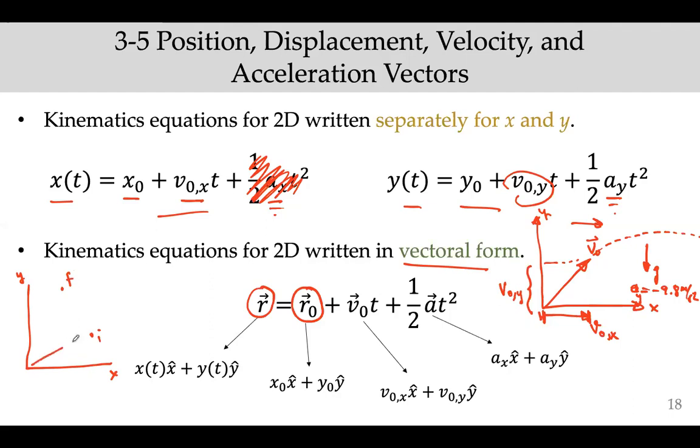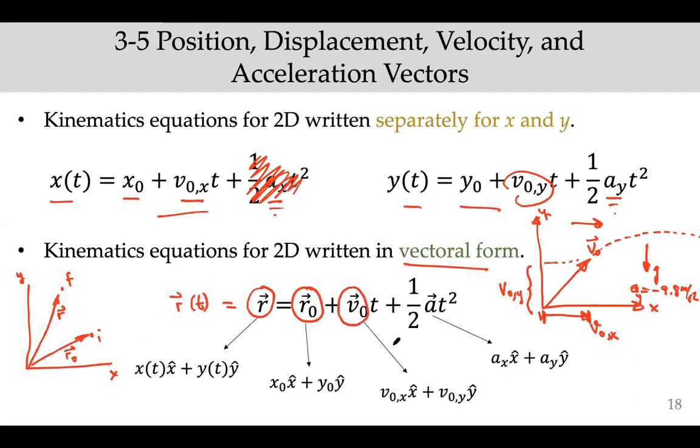So the initial position is r0, and the final position is basically this r. This is the final position, or you can write it as the position at time t. This is the initial velocity.